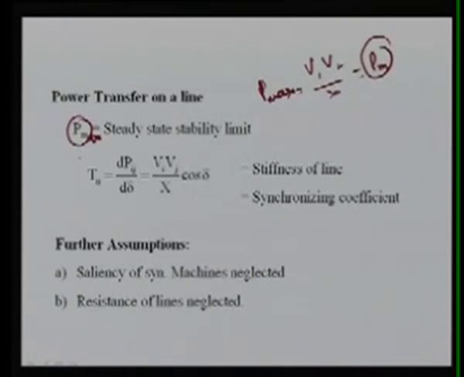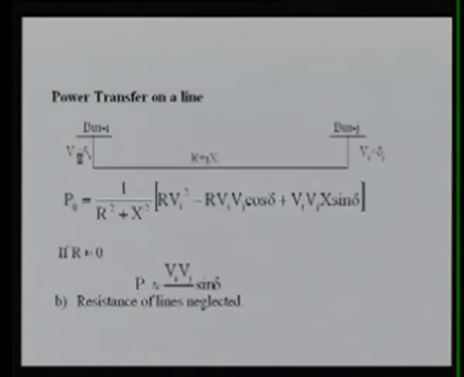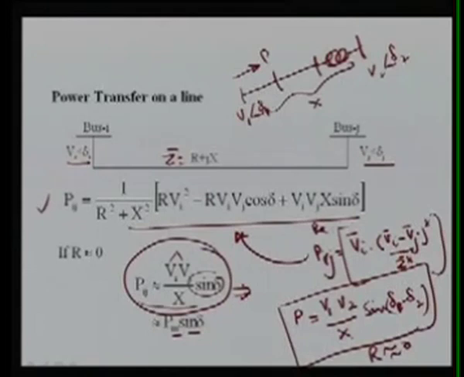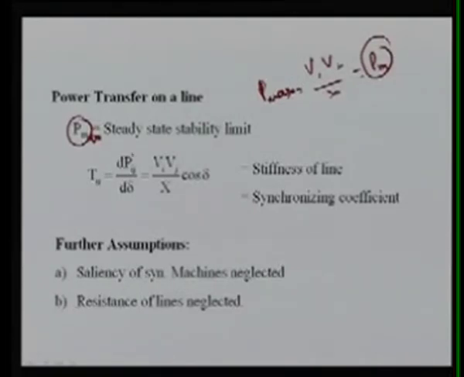If we differentiate that Pij from the previous case with reference to delta, here delta is nothing but the angle between bus 1 and bus 2. So you must always be very careful about what this delta is.